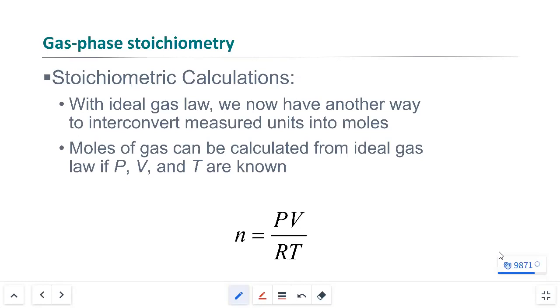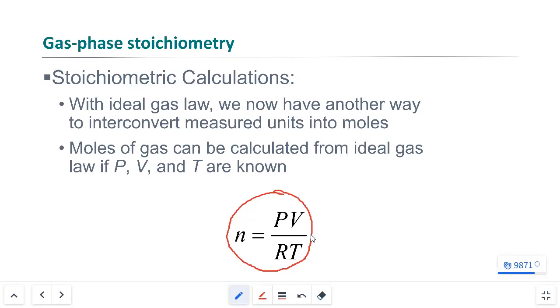So with a rearrangement of the ideal gas law, we can convert between those parameters that we can measure, pressure, volume, temperature, and moles, which we have a harder time measuring.